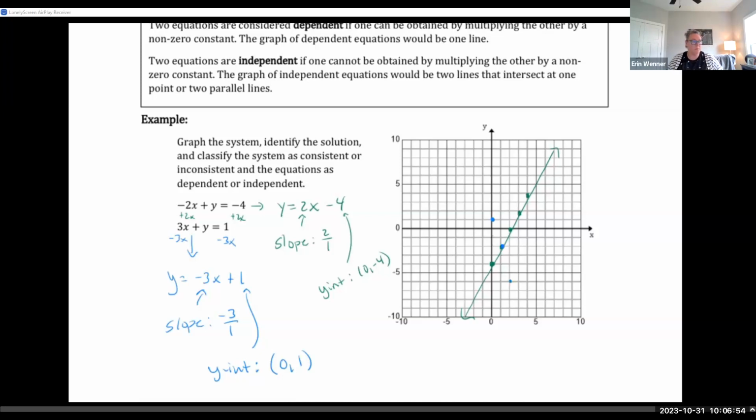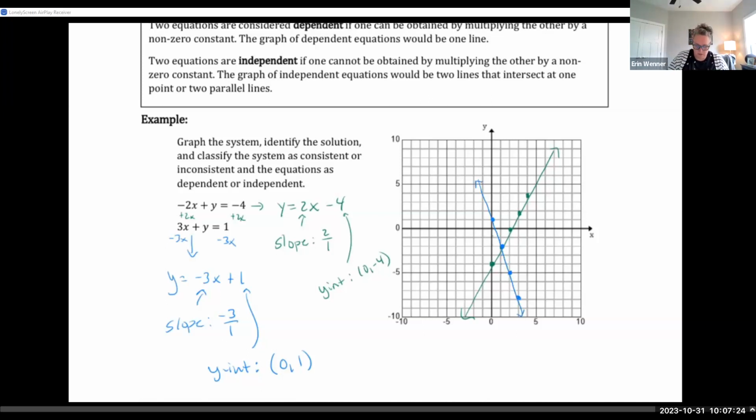You can see where I put the blue dot on the green line. That's my solution. So, oops, looks like I got out of order some of these. Let's see, yeah, down 1, 2, 3, over 1. There we go. And so now I have two lines.